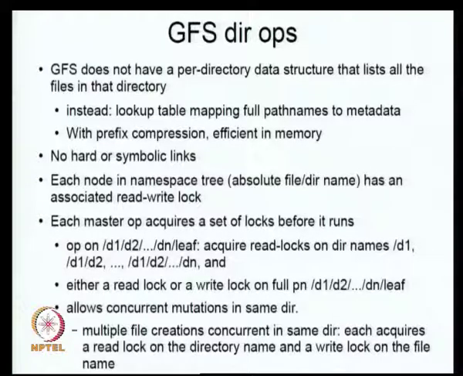That means if you want to do multiple file creations, they will have to take a write lock on the directory entry also. Whereas in this case, they just take a read lock on the directory name and a write lock on the file name. So this allows for a greater amount of concurrency.